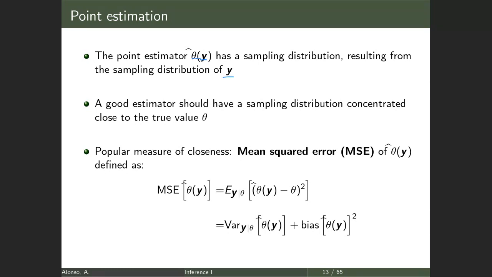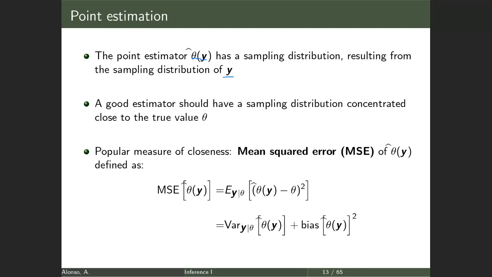Now the question is, when am I going to say that this guess is good, that this procedure, this formula of the data that I'm using to guess theta, is a good procedure? Frequentists, Bayesians may have a different point of view, but Frequentists look at it as follows. I want this estimator, we call theta hat the estimator, to concentrate around the true value I'm trying to estimate.